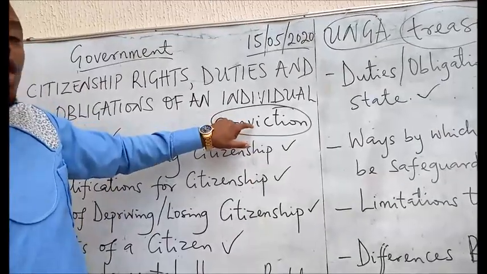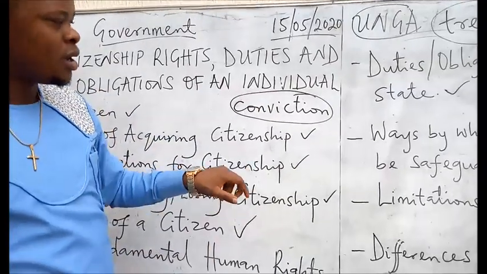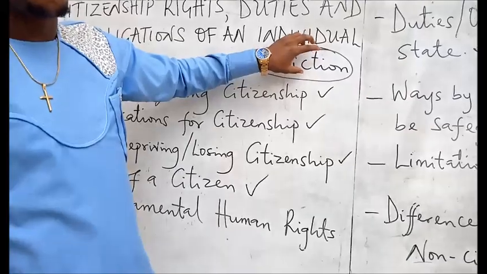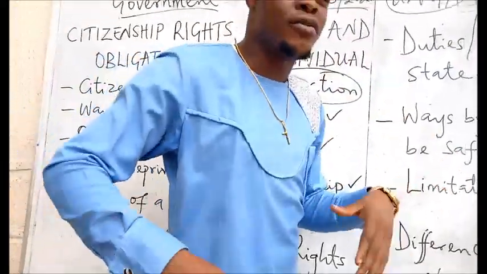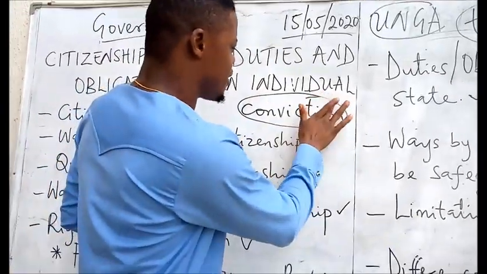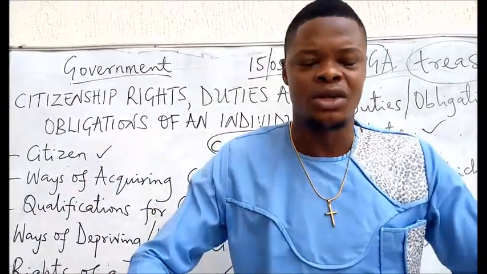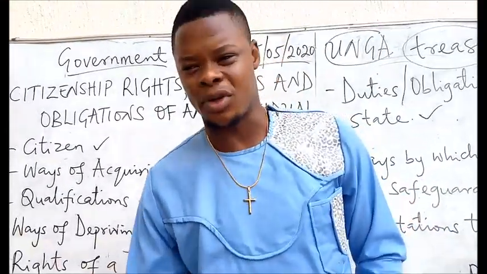Conviction. What does it mean? When somebody is found guilty of an offense, let's say a competent court of law finds you guilty of murder, for instance, you have lost your human rights somehow, and your rights are already limited, because you can be sentenced to capital punishment.